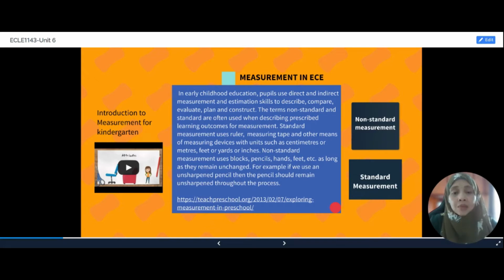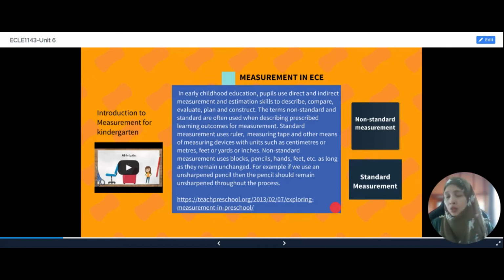Okay, standard measurement akan menggunakan perkakasan untuk mengukur yang betul seperti ruler, measuring tapes or other means of measuring device. Tetapi non-standard measurement, which is suitable for us to start with when it comes to early childhood education, we can use all the things that we can get around us.